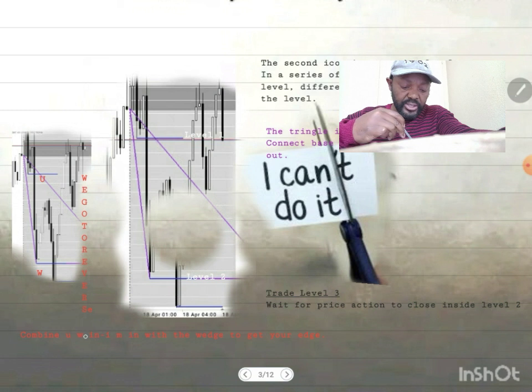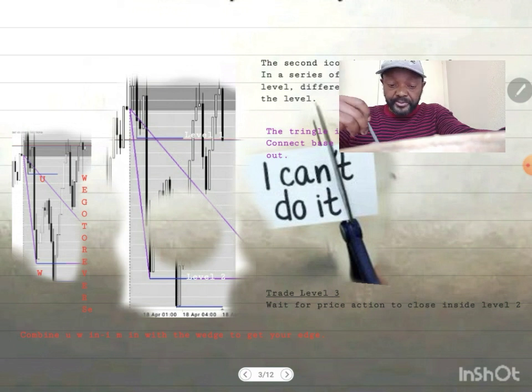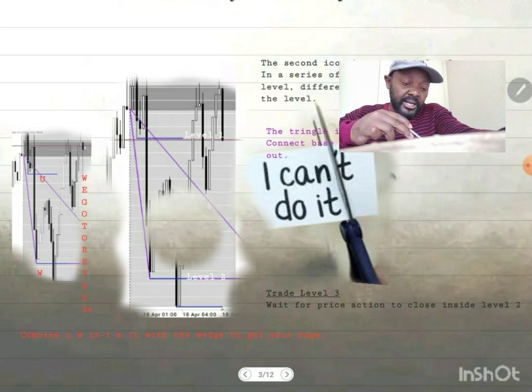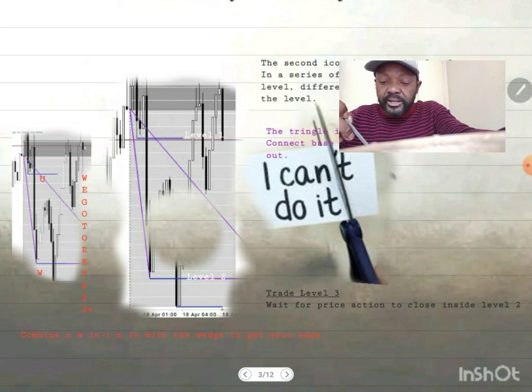We're trading UW in, and we're trading it in with the wedge. You see this as we develop. The second icon is counting levels. So that's how we count the level. A level, go back to base, and another level, go back to base. That is how we count levels.